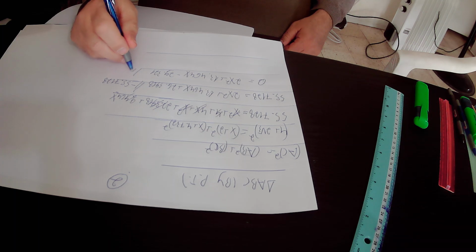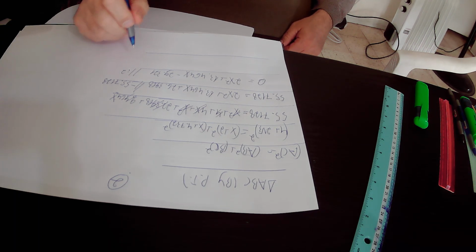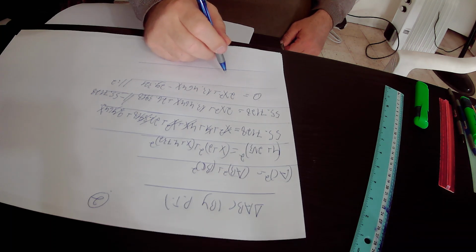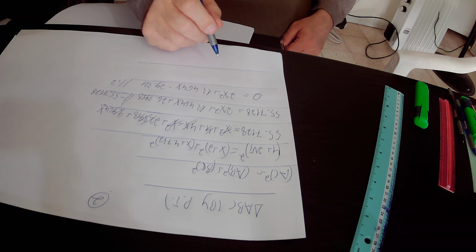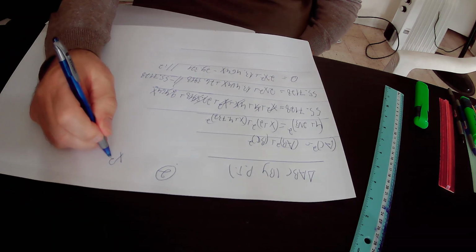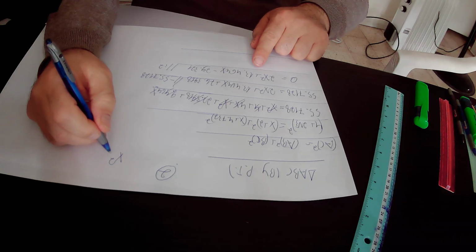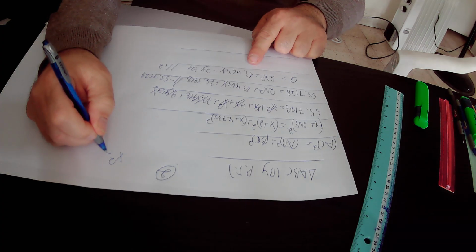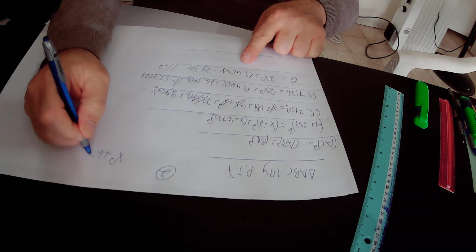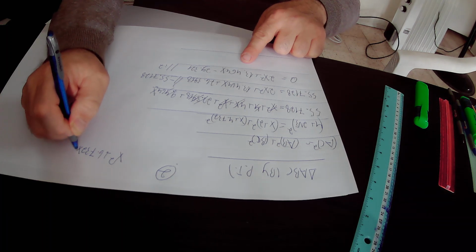Here we divide this equation by 2. And finally, we get that 2x squared over 2 is x squared. And we have 13.464x over 2 is 6.732x.